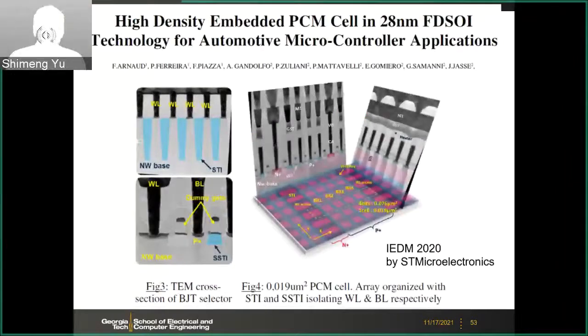So here, let's look at some of the recent embedded non-volatile memory demonstrations for embedded applications, and particularly for the automotive MCU, microcontroller. And this is one of the major businesses of ST Microelectronics.